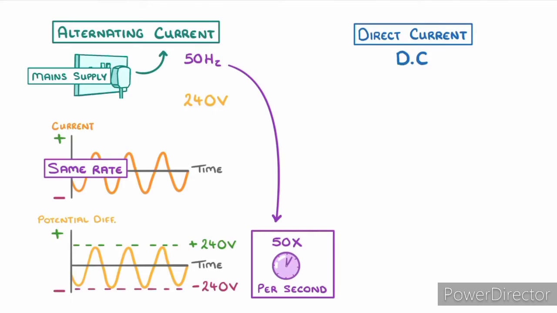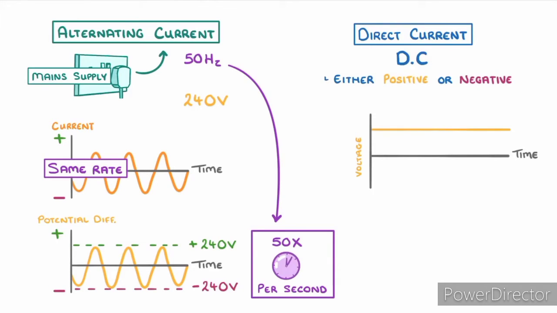One thing we should mention is that you'll sometimes hear that the voltage is 230 volts rather than 240. Basically, it can be either in the UK, so they're both correct as far as your exams are concerned. Direct current, on the other hand, is produced by a direct potential difference, which is either positive or negative the entire time.